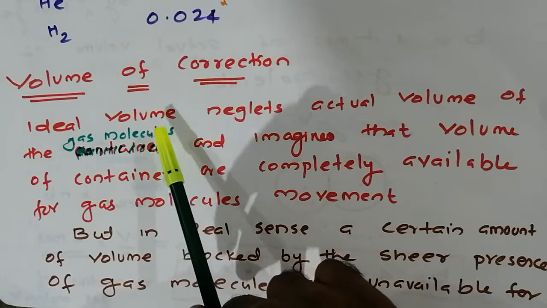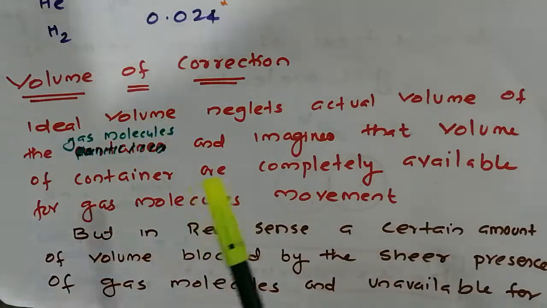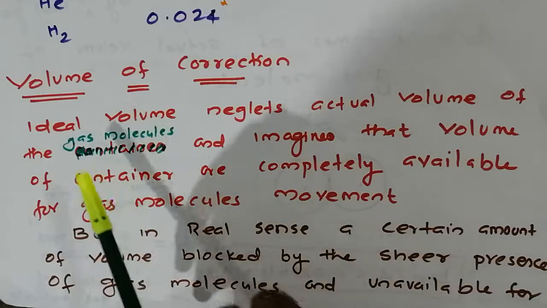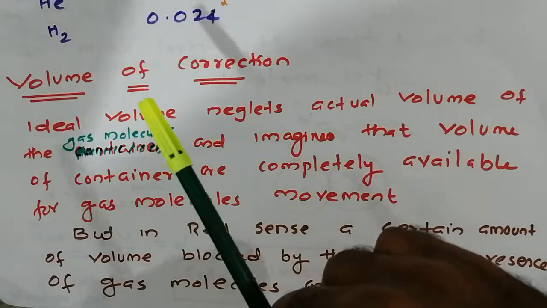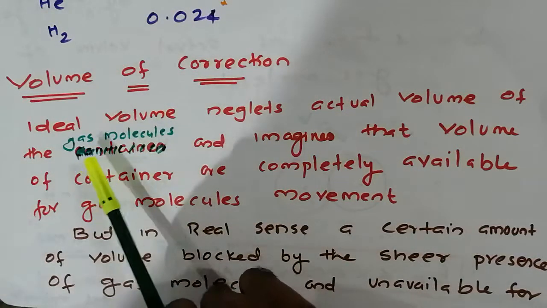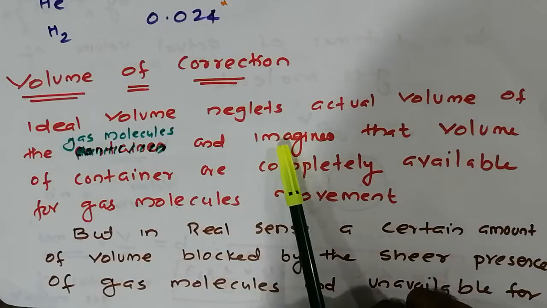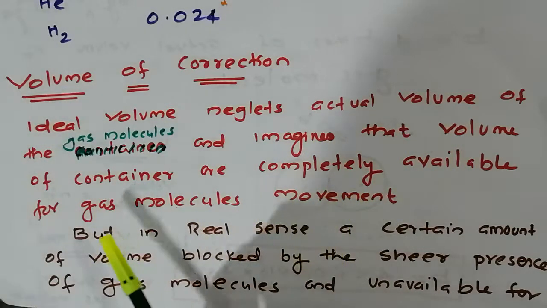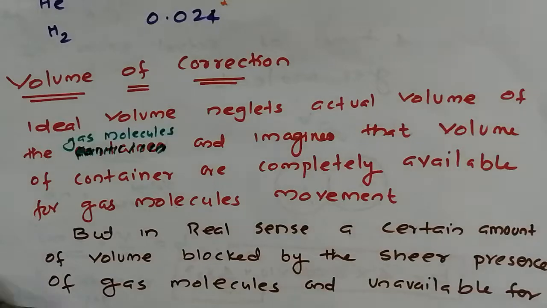Kinetic theory says that the actual volume of a gas molecule is negligible compared to the total volume of the container. From that kinetic theory, we get a volume, the ideal volume, which neglects the actual volume of gas molecules, and imagines that the volume of the container is completely available for gas molecule movement.